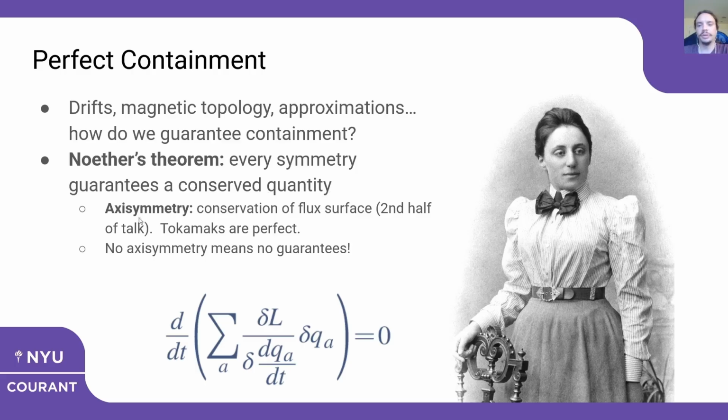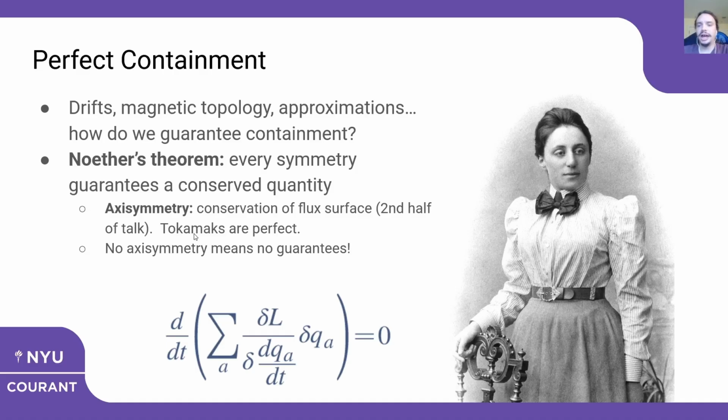So, for example, when we have an axisymmetric nuclear reactor, it leads the particles to conserve their flux surface. The particle will actually stay on its flux surface while the reactor runs. We're going to go through a proof of this fact in the second half of the talk, where you'll get to see in practice how Noether's theorem works.